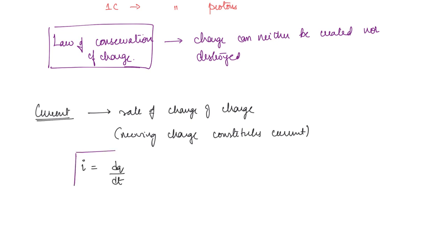Now at this point, I want to tell something important here. Whether we use capital letters or small letters, right? Because current, we often represent with a small letter and we also represent with a capital letter, I. So what is the difference?